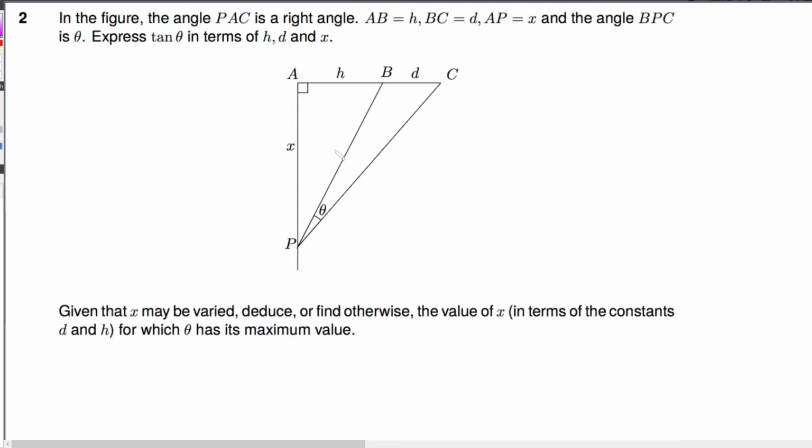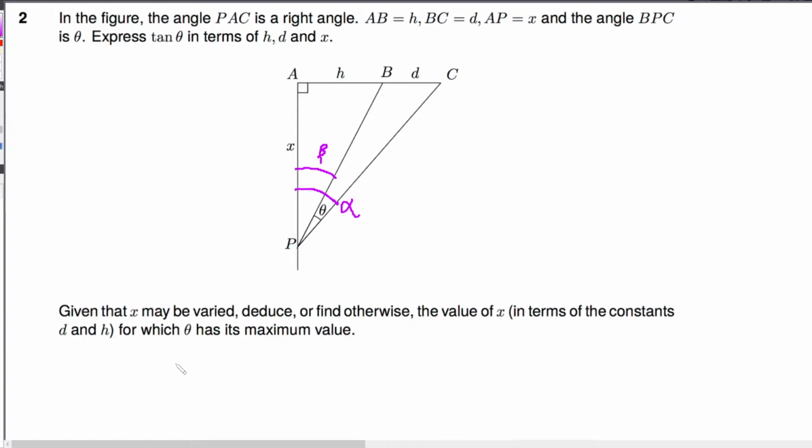Because I realized that the tan of this angle here, let's call it alpha, which encompasses A, P, and C, would be easy to find, and the tangent of this angle beta would be easy to find. And if I knew tan alpha and tan beta, then because theta was alpha minus beta, I could use the compound angle identities I knew for the tan function in order to find a value for tan theta. And in the second part, the process is also fairly straightforward.